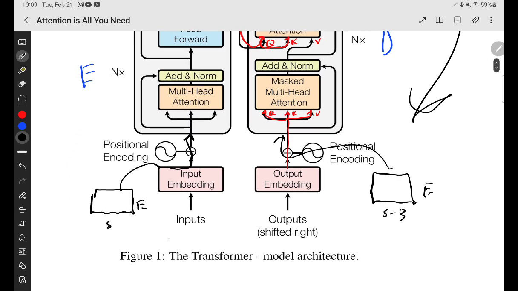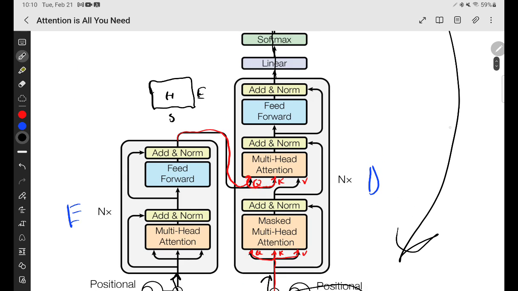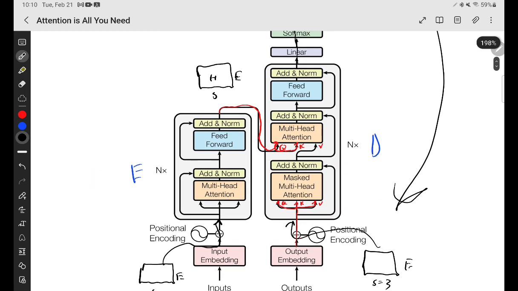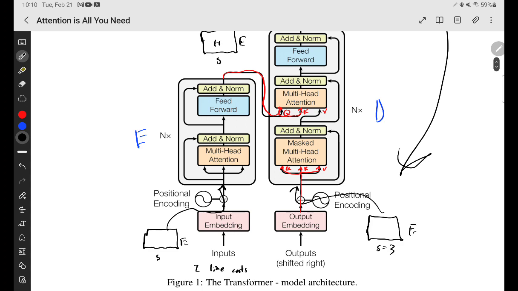Otherwise, it would have no idea that it's trying to decode, I like cats. And then it just feeds it through a feed forward layer to get it ready for the next layer. That's kind of how the encoder-decoder works, and that's how they mix information between the encoder and decoder.